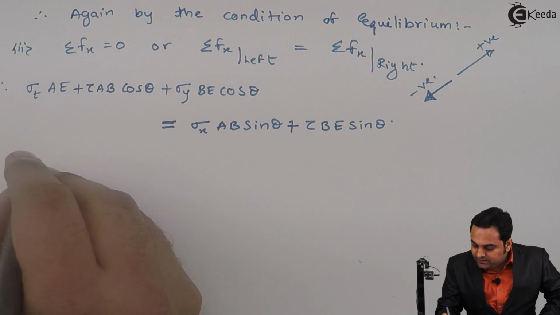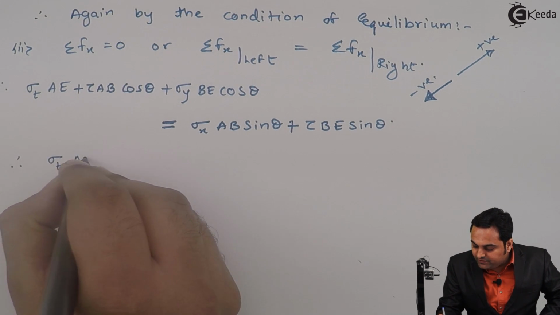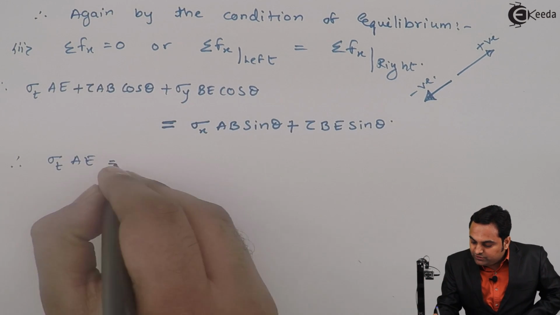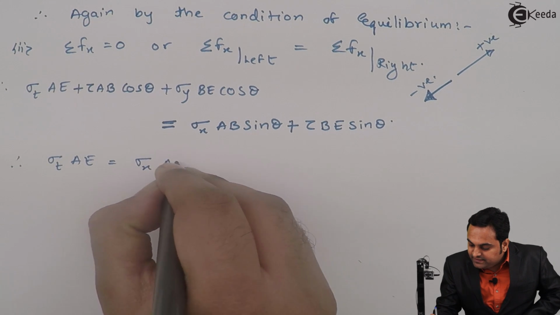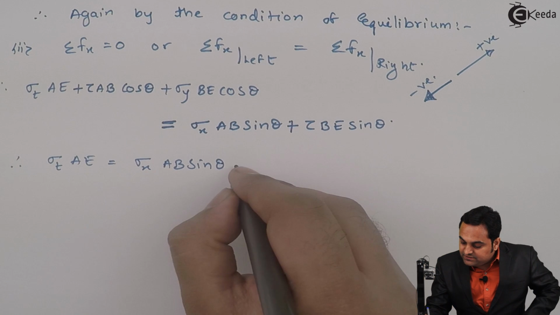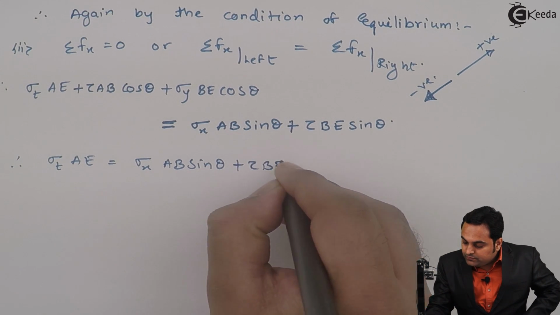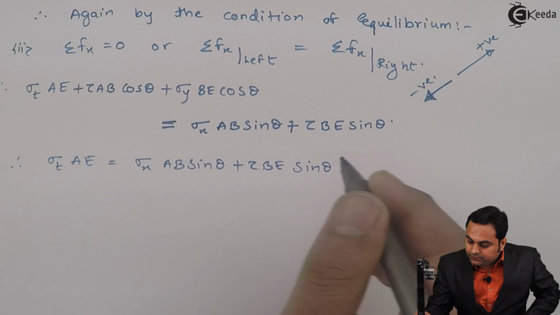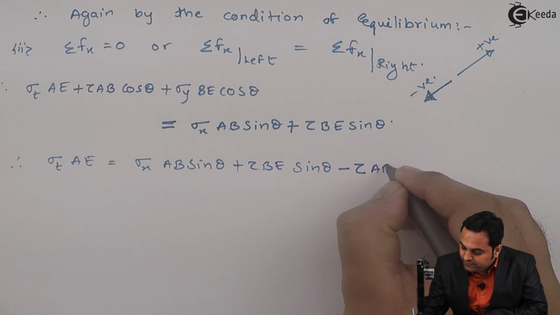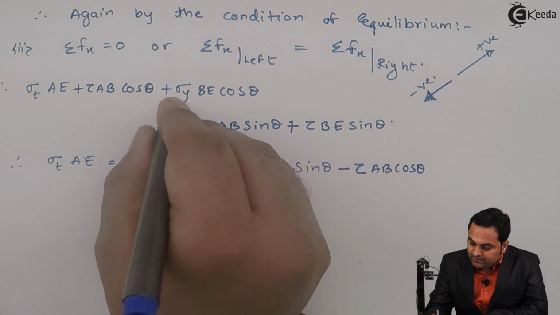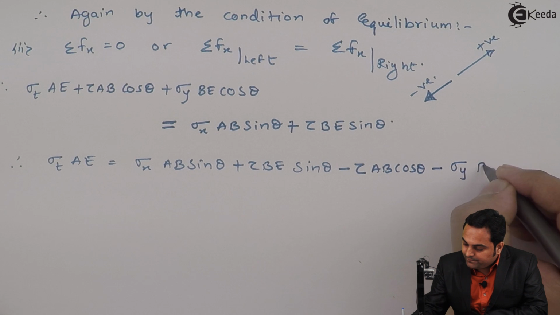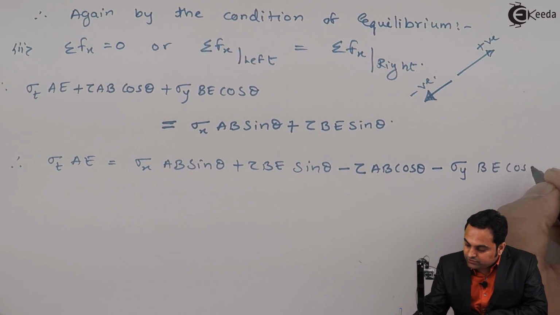Now I'll keep sigma t AE on one side because I want the expression for tangential stress. Shift all terms on the other side. So sigma x AB sin theta plus tau BE sin theta, then minus tau AB cos theta, minus, I am sending this term onto the other side, so minus sigma y BE cos theta.